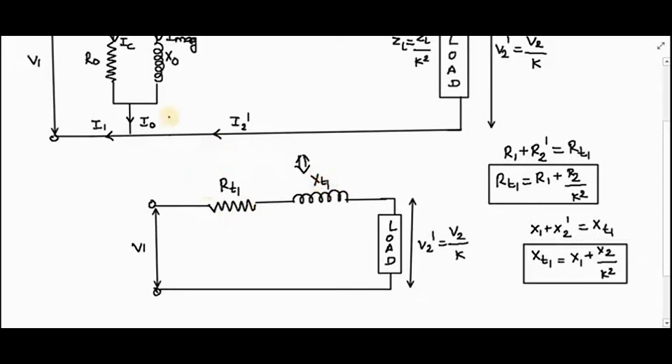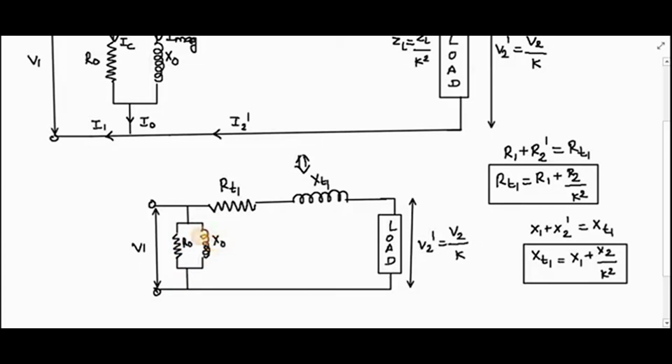Again I forgot to draw the branch. I will draw one branch here, the shunt circuit. So we will complete this approximate equivalent circuit now. This is your R0.